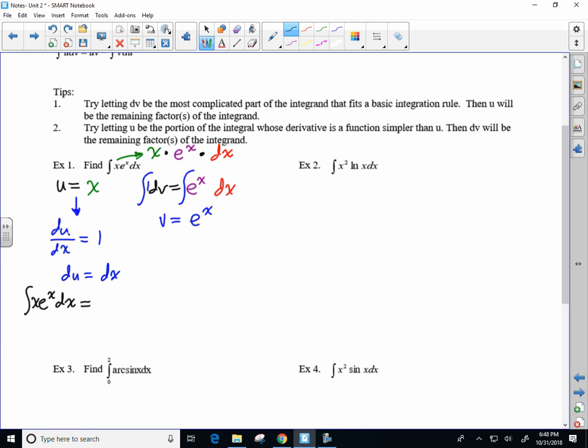My u is x. My v, just kind of hunt around for what you need, my v is e to the x, minus the integral of the v again du. And fortunately, in this case, doesn't always happen, can't guarantee it, du happens to be dx.